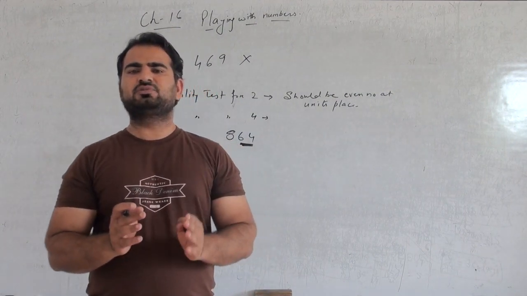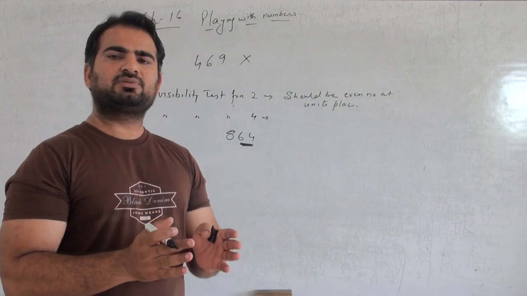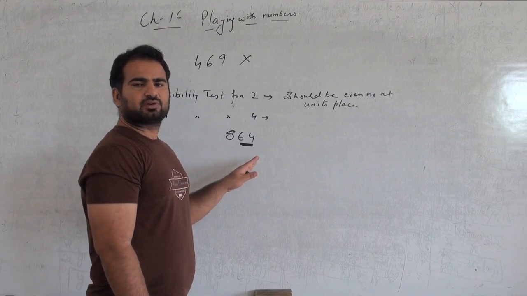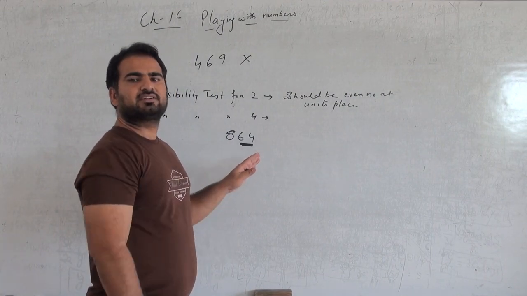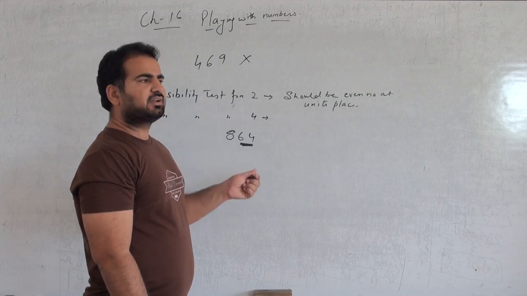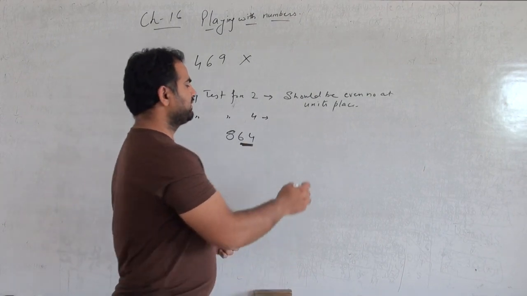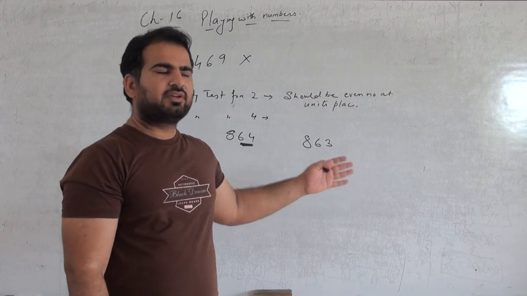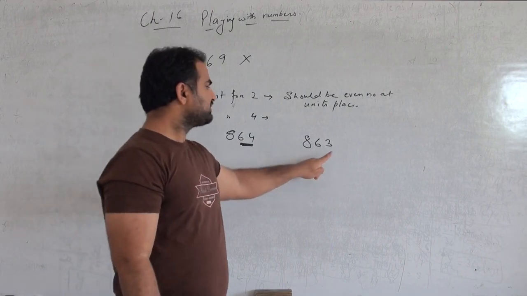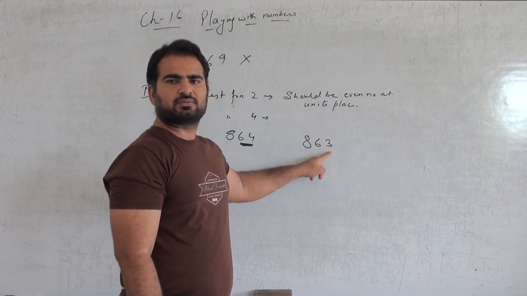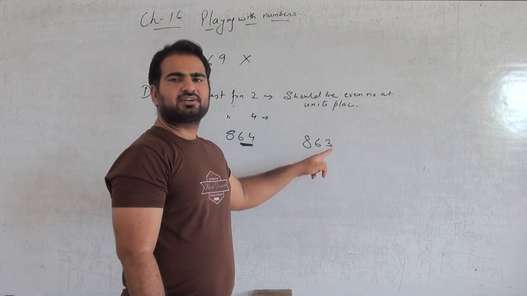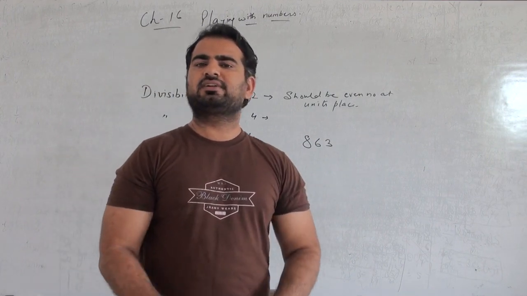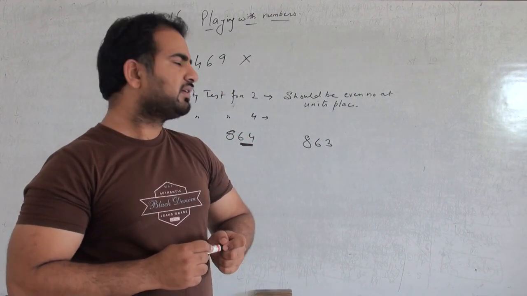Next thing is you must check that it is divisible by 2 or not. Like we can easily find out that 864 is divisible by 2. Yes, then we can check that it is divisible by 4 or not. But if we just find out that 863, is it divisible by 4? We can already say no, because it is not an even number. First of all we have to check that it is even or not. If it is not even, then we can already say that it will not be divided by 4.